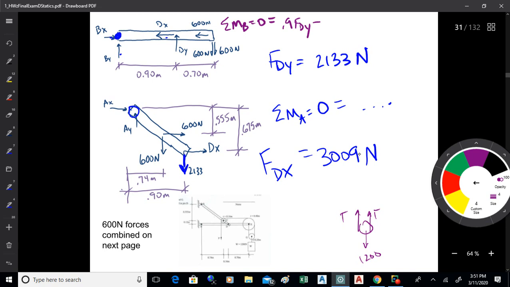Well, that'll be minus because it's clockwise, 1200 newtons times 1.6 meters, okay? Like that. So that should get me the 2133 for F_Dy. So 1200 times 1.6 divided by 0.9, 2133.